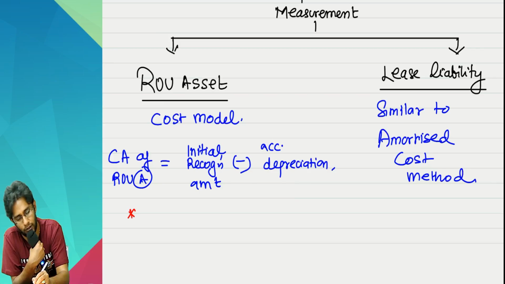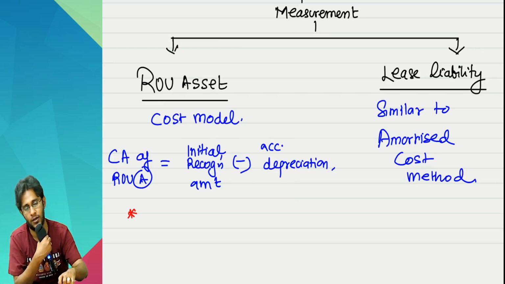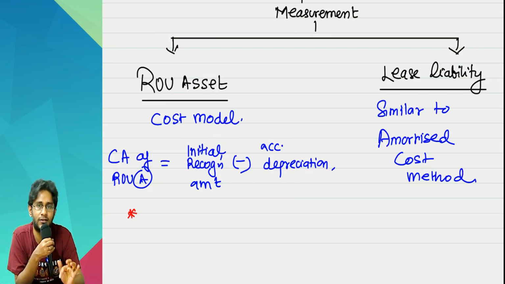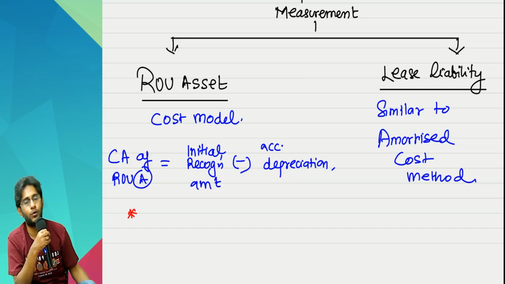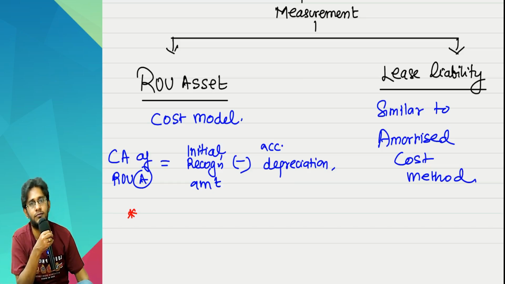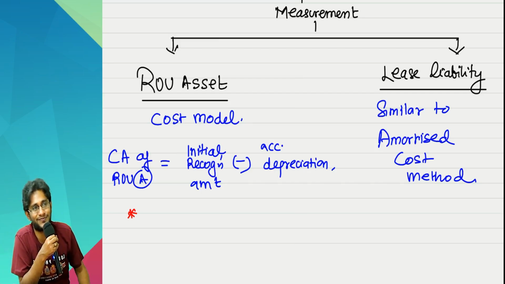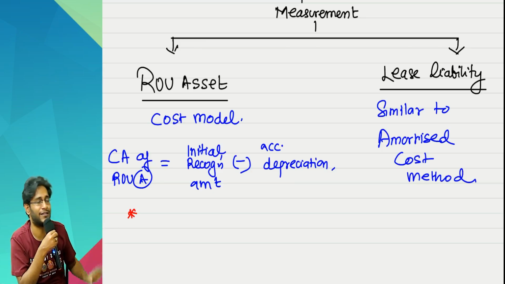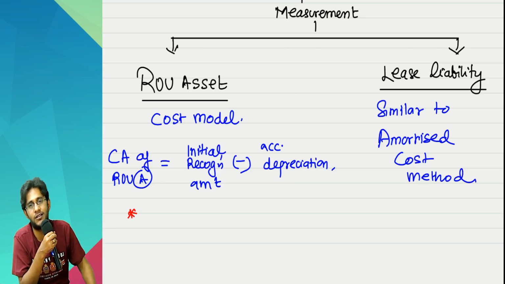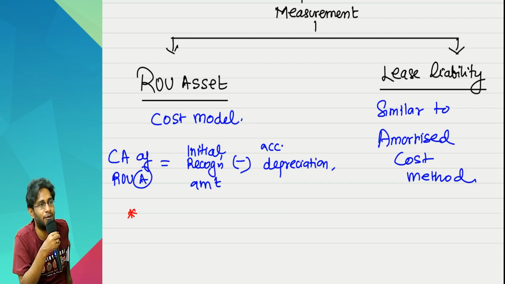Here one very important beautiful point is there. Guess: asset life is 40 years, sir. I took the asset on lease for 10 years. Depreciation should be provided on the basis of what, 10 or 40 years? I capitalize the ROU asset. When I calculate depreciation each year, should the denominator be 40 years or 10 years?